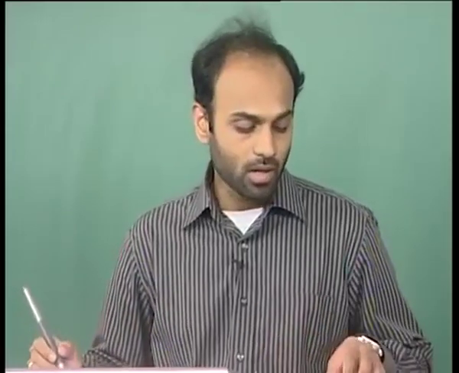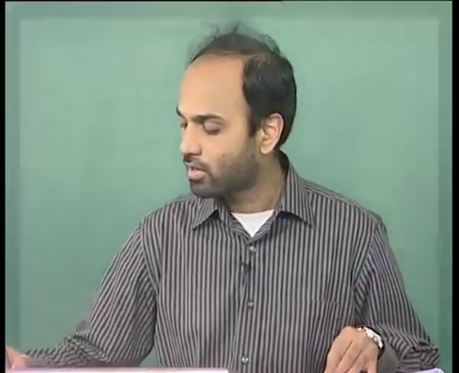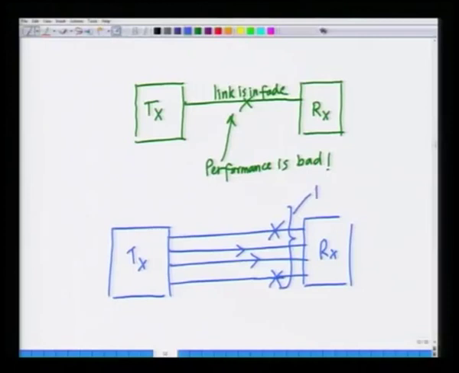This is fundamentally nothing but diversity. Instead of a single link, I have a diversity of links, that is, a diverse number of links over which information can be transmitted between the transmitter and the receiver, so that even if 1 or 2 links are in a deep fade, the rest of the links carry the information.